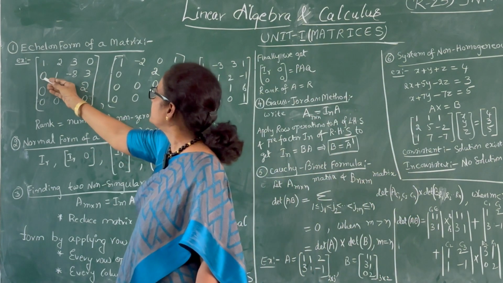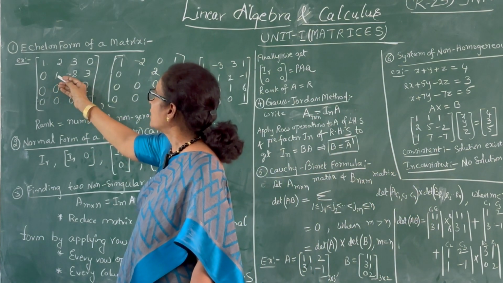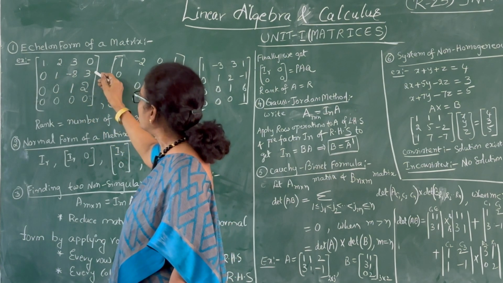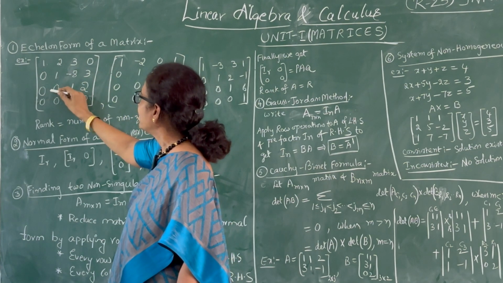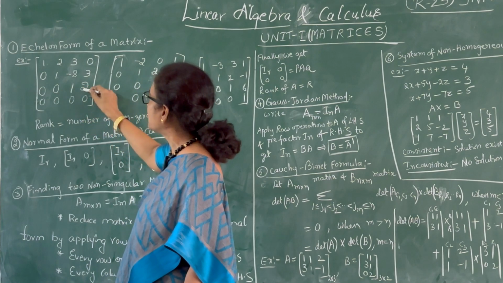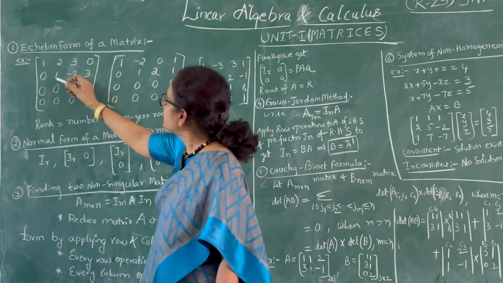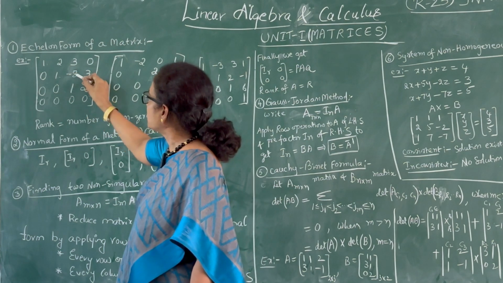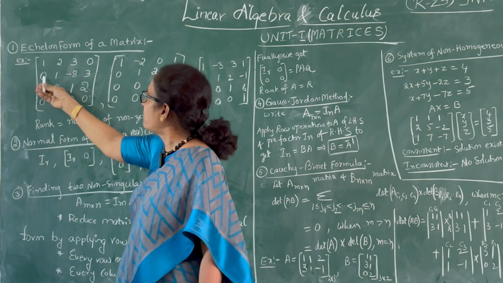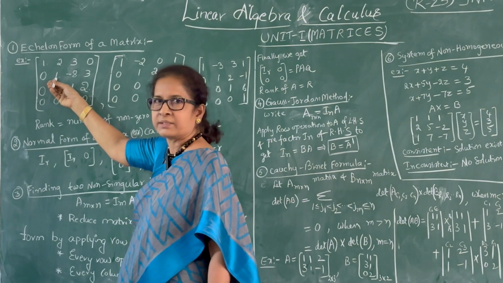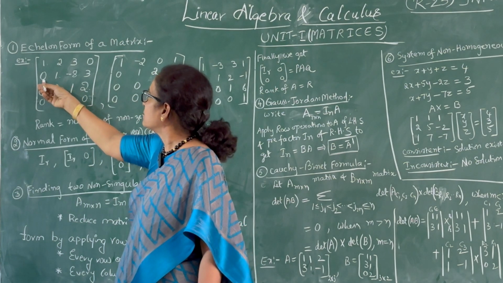Next, third point. The number of zeros before the first non-zero entry in a non-zero row must be less than the number of such zeros in the next row. If you observe here, this is a non-zero row, and the first non-zero entry is 1.